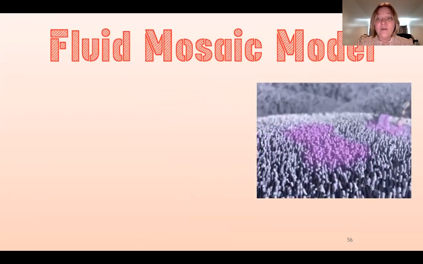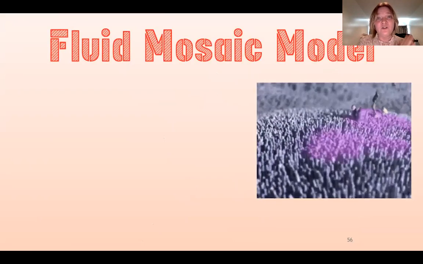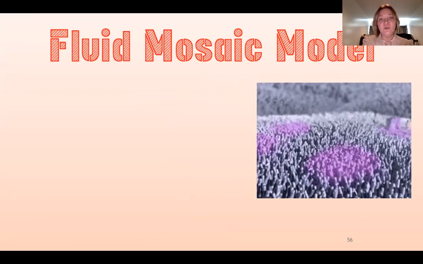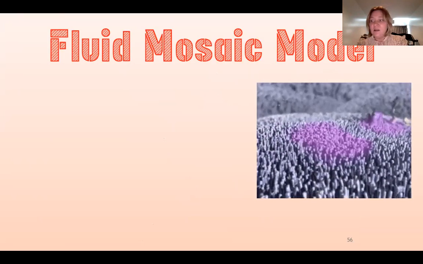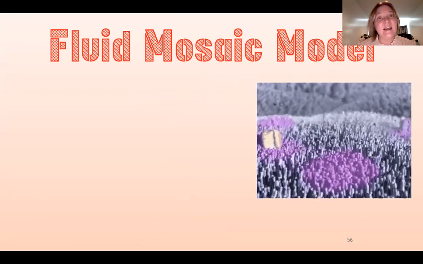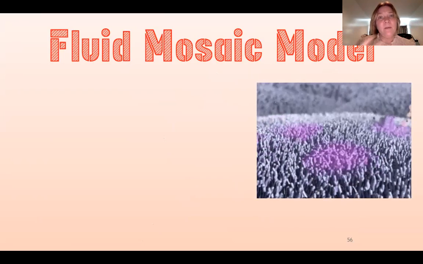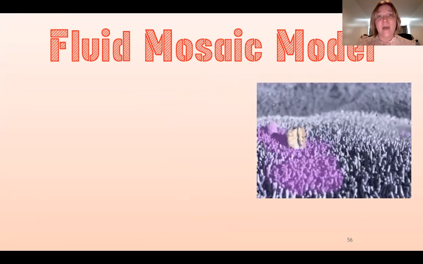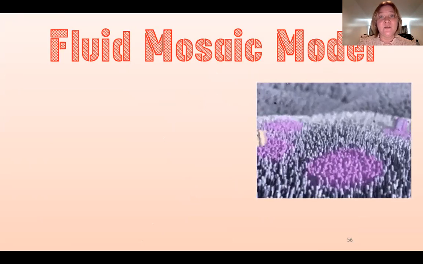Okay, now the model that we use to describe the behavior of the cell membrane is called the fluid mosaic model. In science in general, you start with a hypothesis, and you test the hypothesis and get evidence to back it up, whether it's correct or not.